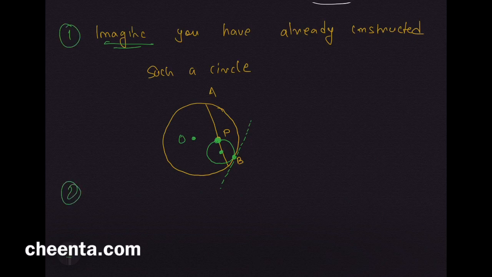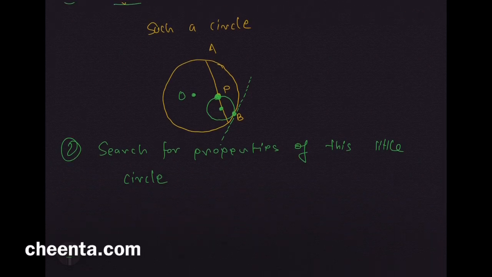Step 2, search for properties of this little circle that will help you to backtrack the process. So this little circle that we have drawn has some properties that will help you to track it down.